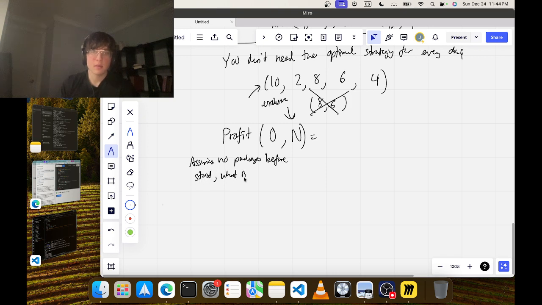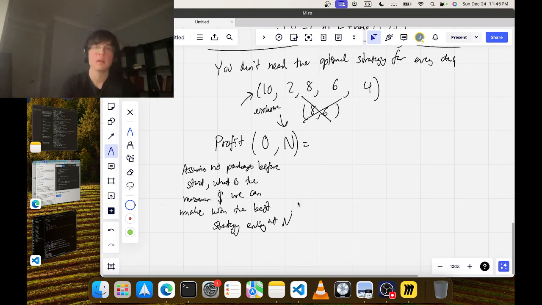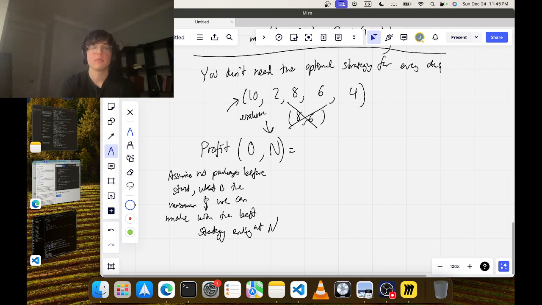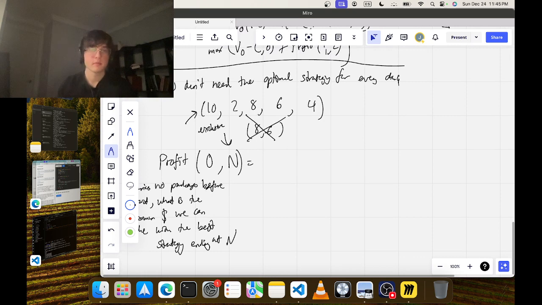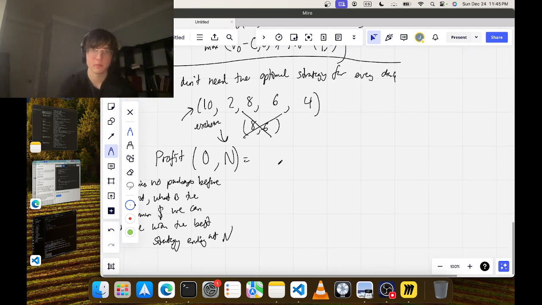What is the maximum dollars we can make with the best strategy, starting at start and ending at n? So this is important, assuming no packages before start. So what is this actually equal to?